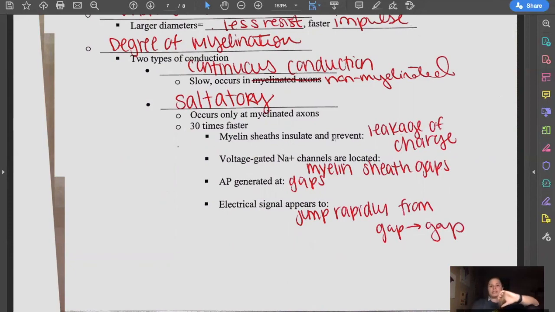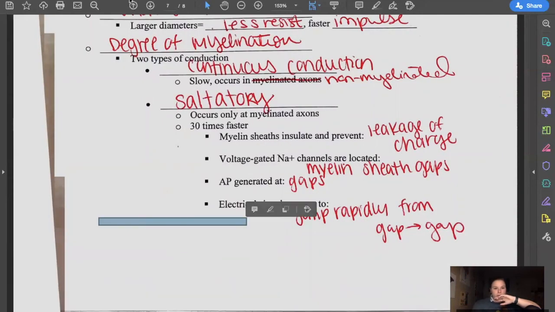So myelin sheaths insulate and protect the leakage of charge, right? So it's keeping it localized, right? And then the myelin sheath gaps allow us to jump from gap to gap, right? We talked about, looks like this. So if we have this beautiful axon that I'm drawing, and then we have, these are our myelin sheaths, okay?